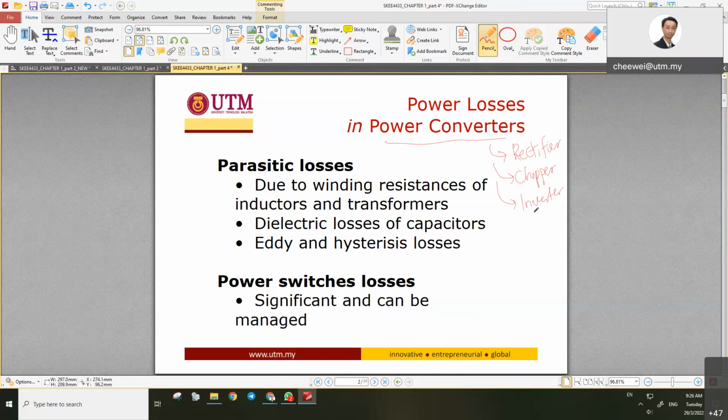Inverter is changing what to what? DC to AC. This one is the AC DC rectifier. Last one, anyone knows? DC to DC converter. DC DC is chopper.